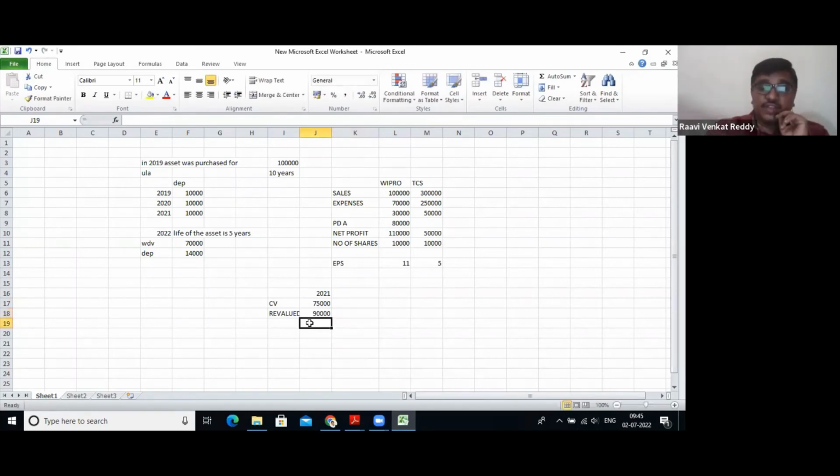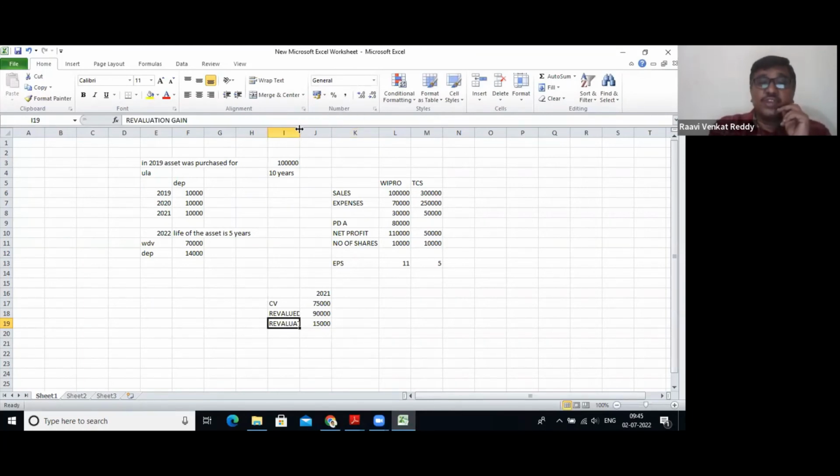Now there is a difference of 15,000. This 15,000 we call revaluation gain, or we can also say revaluation surplus.